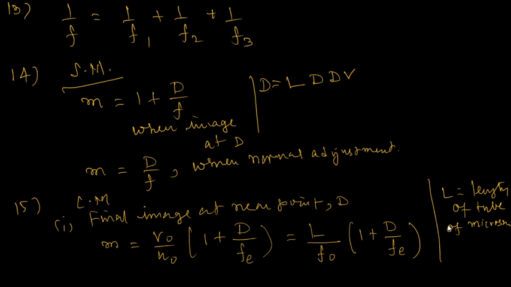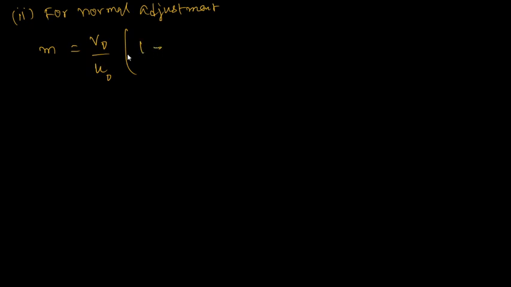Okay, so this is the case with the final image at the near point, that is at D. And then for normal adjustment, M is equal to v0 by u0 into D by fe, because this is normal adjustment, which is approximately equal to the length of the tube of the microscope divided by f0 into D by fe.